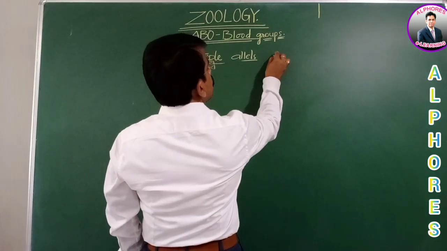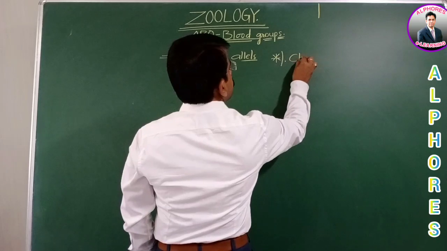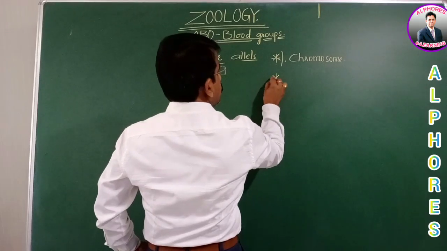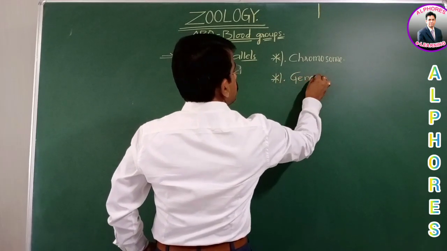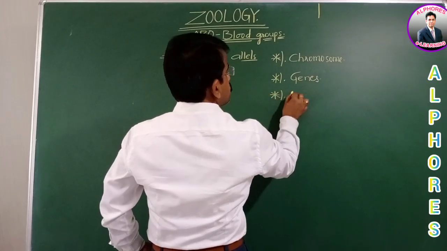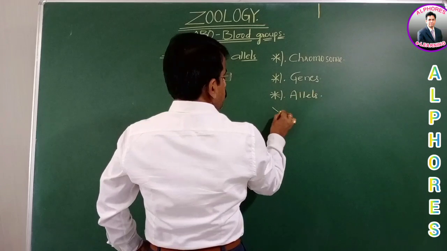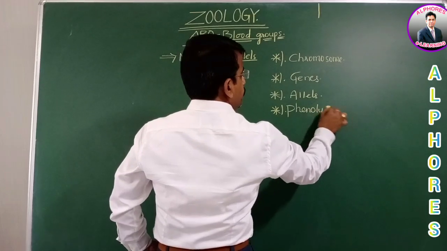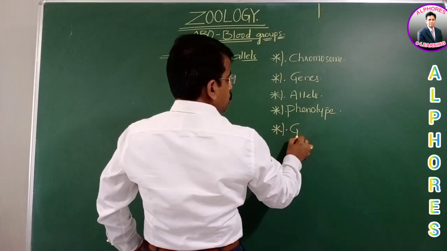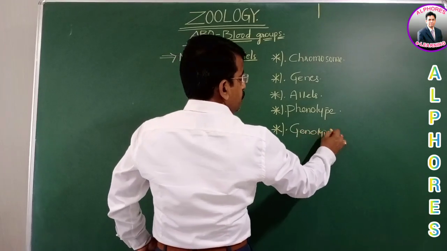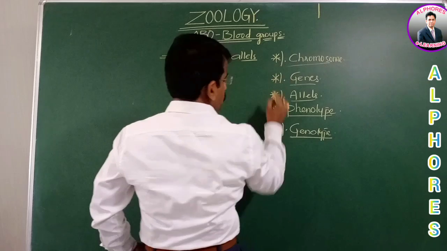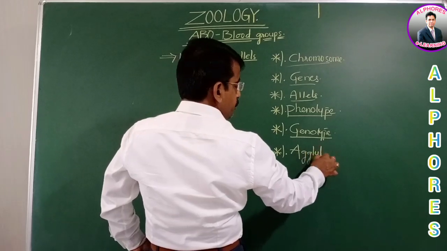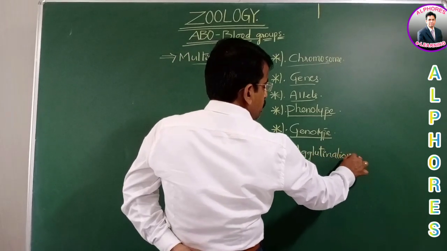One is the chromosome, next genes, next alleles, next phenotypes and genotypes, and the agglutination, genetic incompatibility.